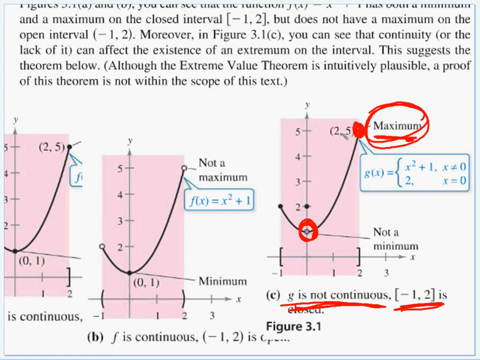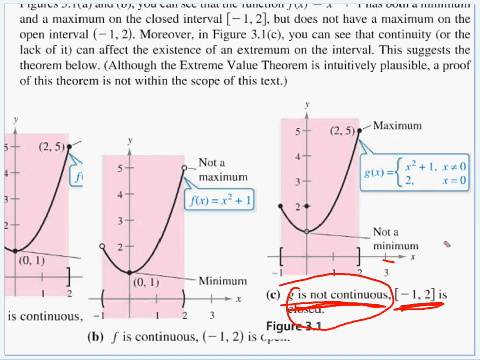But down here, do we have a minimum? We're going to approach the hole in the graph. Are we ever going to get there? No, because we can approach it and get infinitely close without ever getting there. So because our function is not continuous, we no longer have a minimum value. We only have a max now in this case.